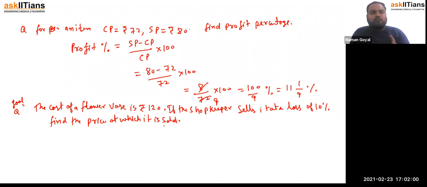Now see, for this particular question, cost price is given, loss percent is given. Now it is asking for SP. Now see, loss is 10% of the cost price. As I told you, loss or profit percent is always found on CP, right?